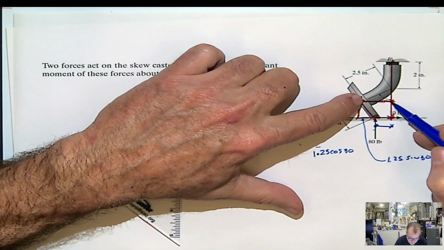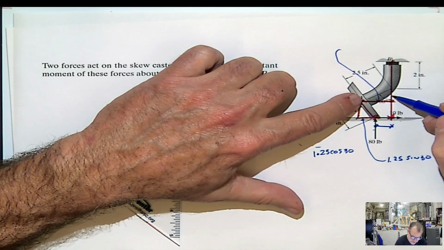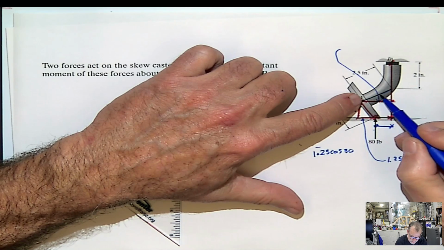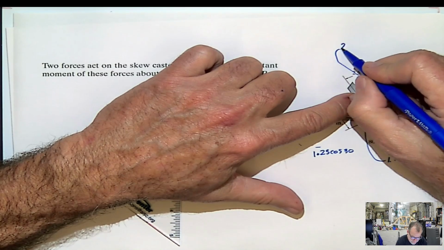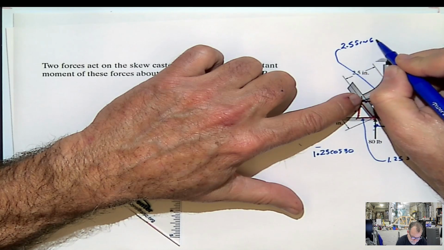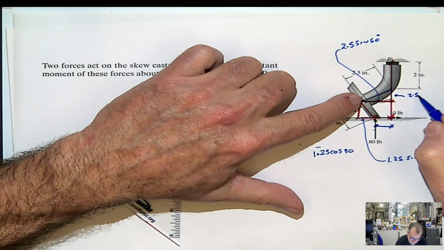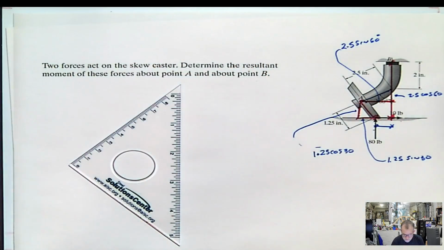Now we have the total one. Do we? Well, not yet, but we can, because if you look at this triangle, this angle is 60, that one will be 2.5 sine 60. And this one will be 2.5 cosine 60. Now we have everything that we need.